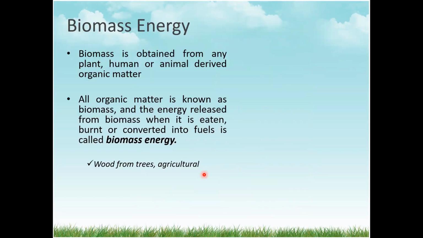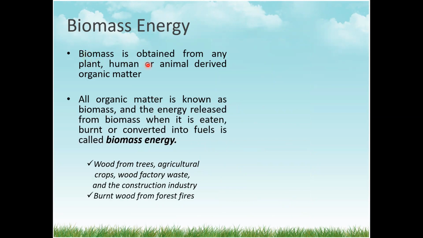So next we have biomass energy, and this is the energy obtained from plant, human, or animal derived organic matter. All organic matter is known as biomass, and the energy released from biomass is called bioenergy or biomass energy.